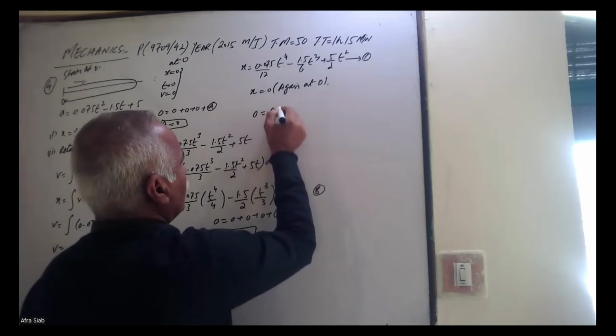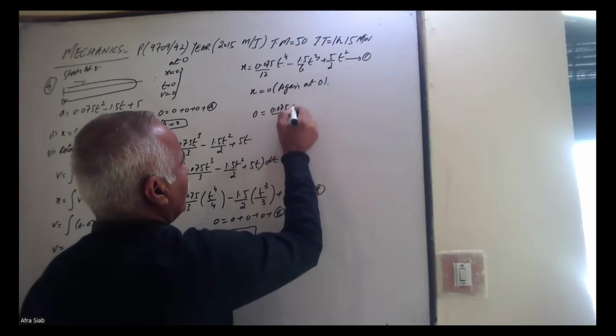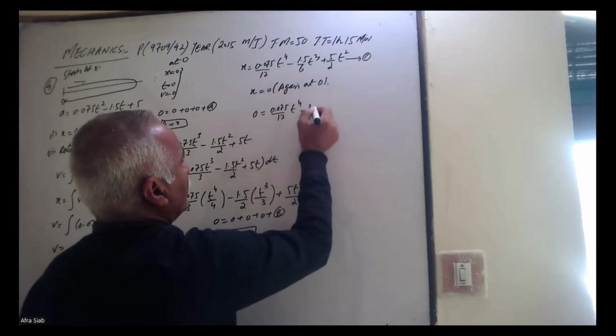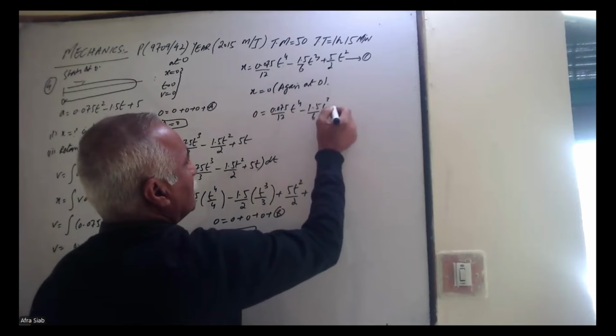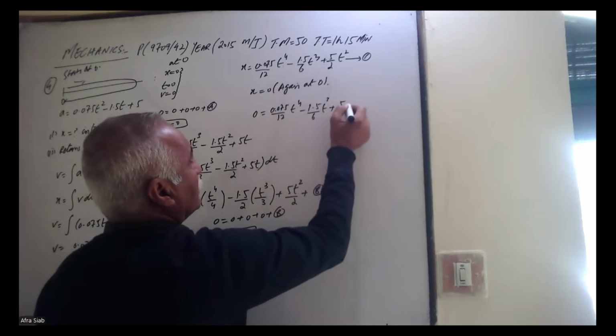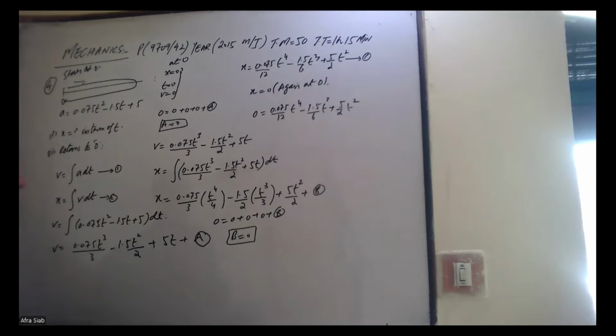That is equal to 0.075 over 12 t power 4 minus 1.5 over 6 t cube plus 5 over 2 t square. Now you can make it a standard quadratic form of this equation.